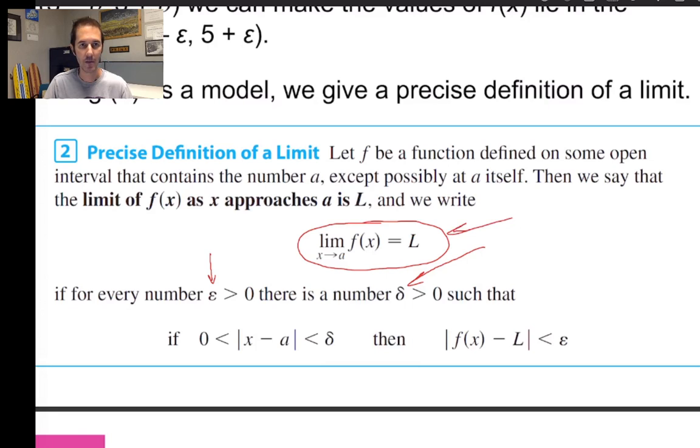So we can say the limit statement if, no matter how tightly we constrain the y values, we can constrain the x values to keep us landing in that neighborhood.